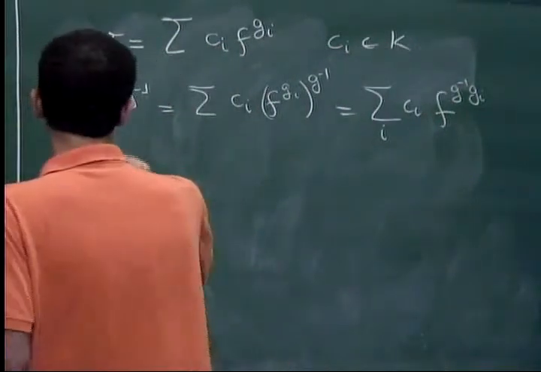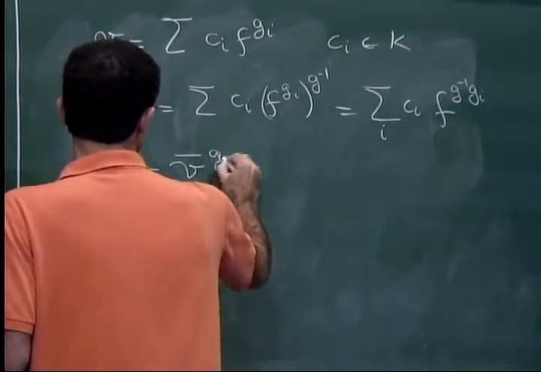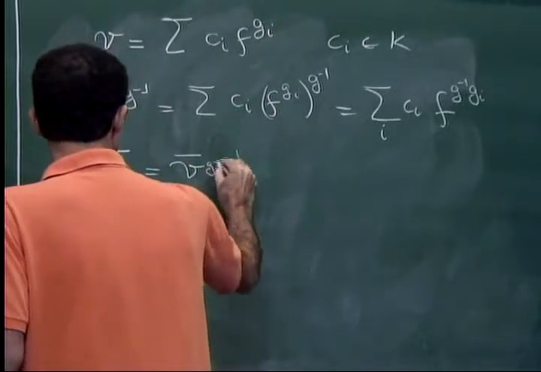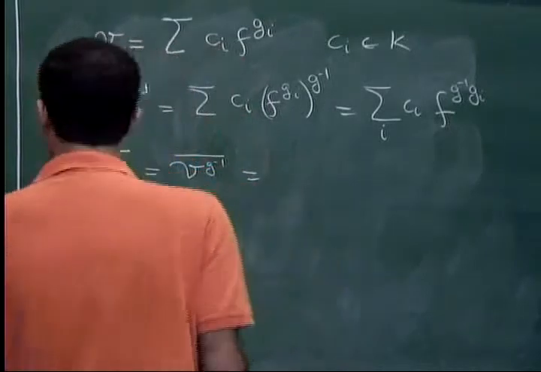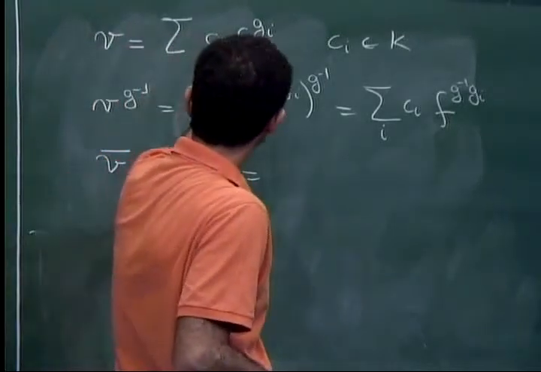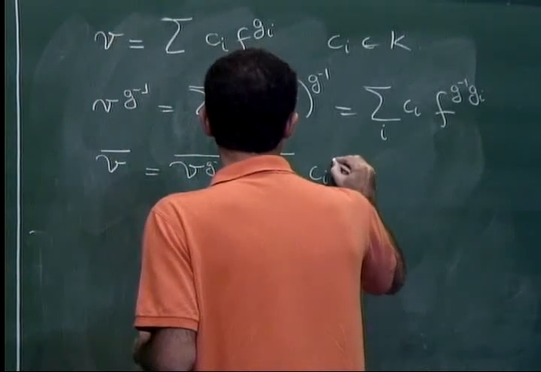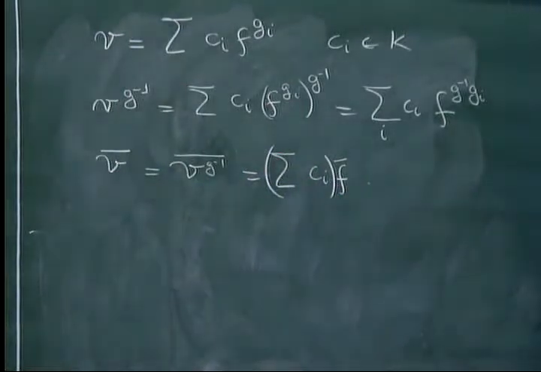And when you take the bar, you're going to see that this is the same thing as V G inverse bar, because when you apply bar, it doesn't matter what you raise here, you get F back. So everything is simply this. It's the same class.